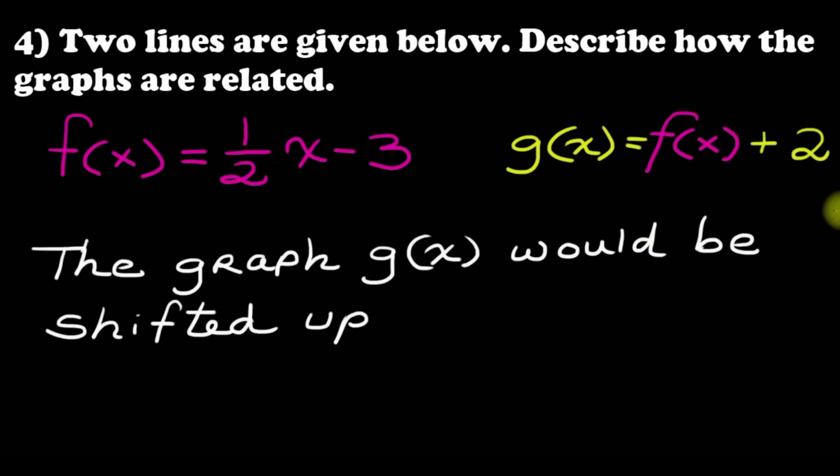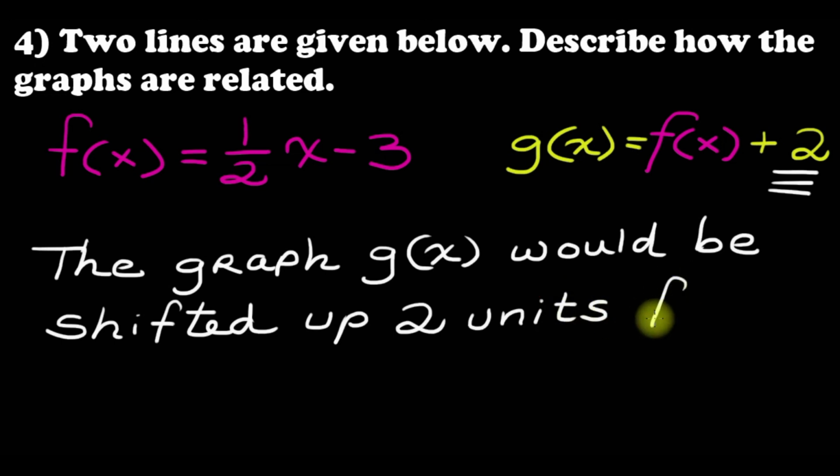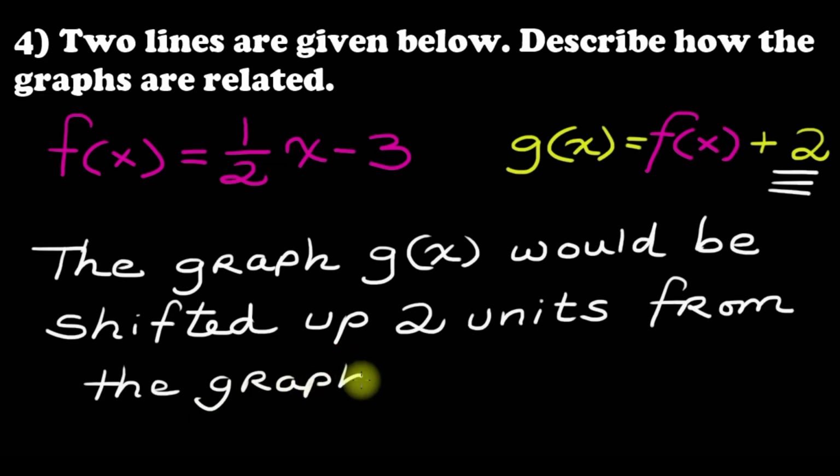Okay, and then up right here, plus 2, up how many units? Well, up 2 units because of that plus 2 from the graph of f of x. Okay, and that's how the two lines are related.